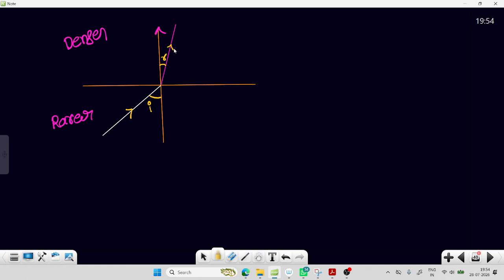Can it align with the normal? It can align with the normal, that is possible. But it cannot be completely lying on the surface.